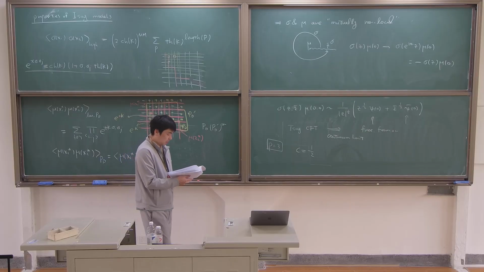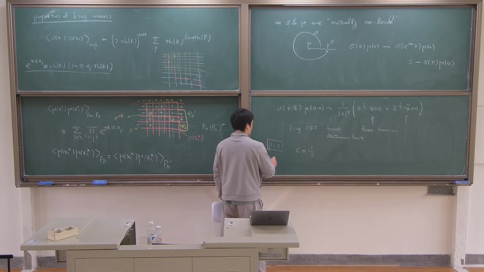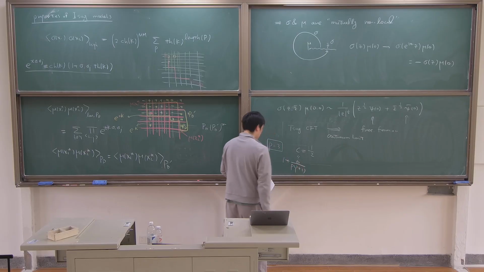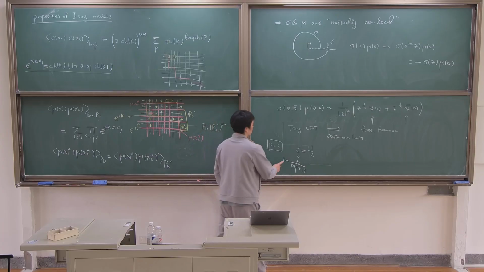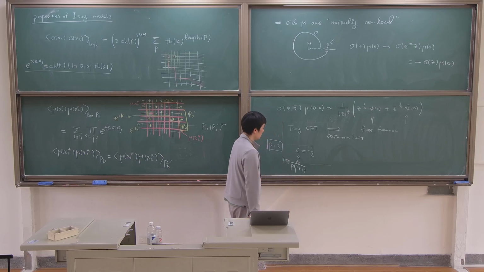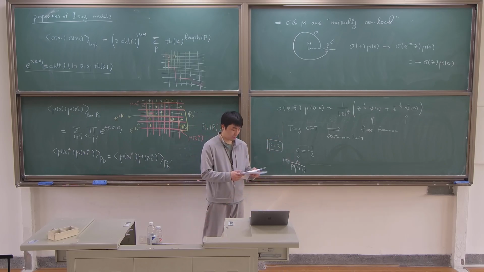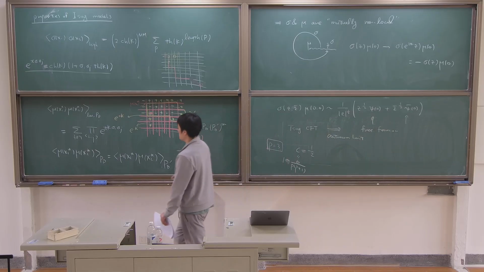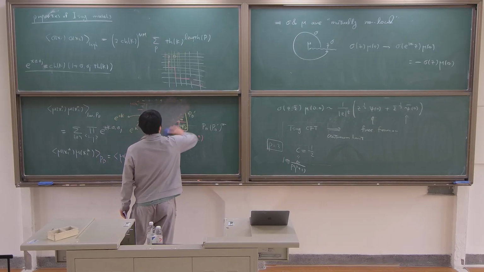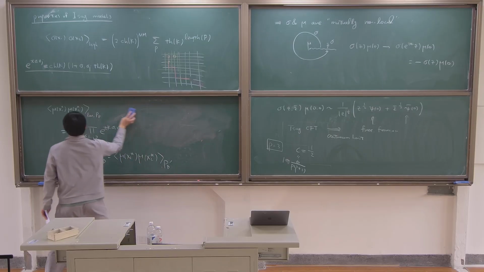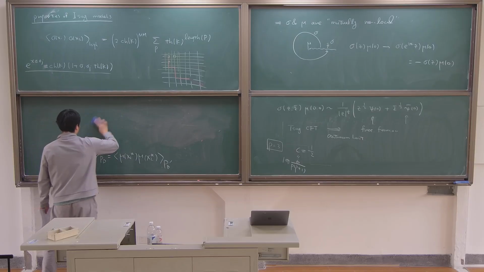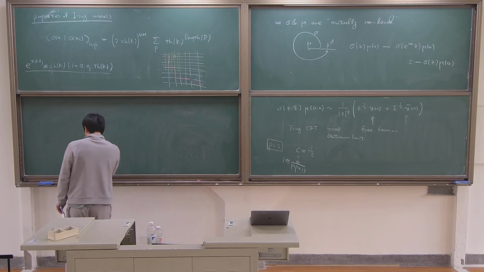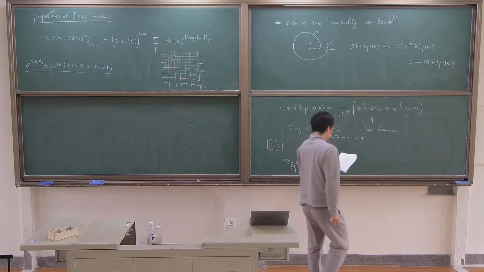The formula for the central charge is c equals 1 plus, like this way, and then minus 1. When p equals 3, you have 1/2.